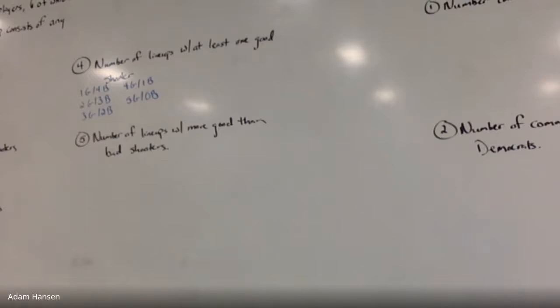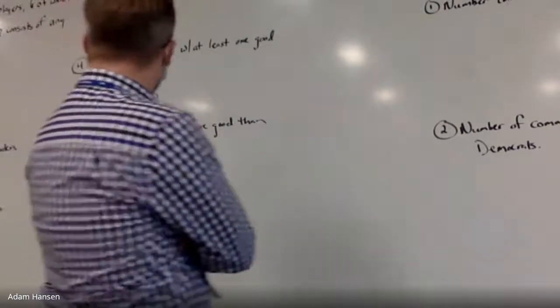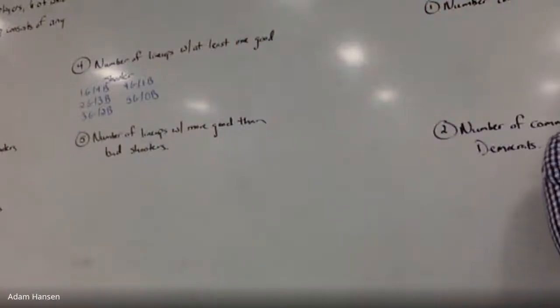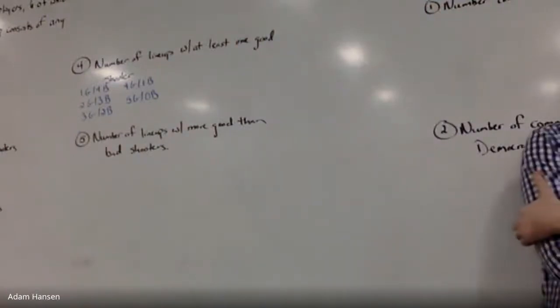What other option is available? How might you do this more efficiently? Because I don't want to sit there and find 5 different ways and then add them all up. What's the only one it can't be? Yeah, go ahead, Connor. Just find the number of lineups where there's no good, and take it away from the total number of lineups. Yeah. Okay.